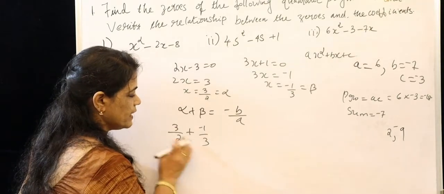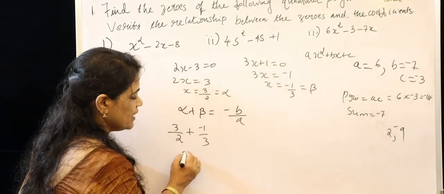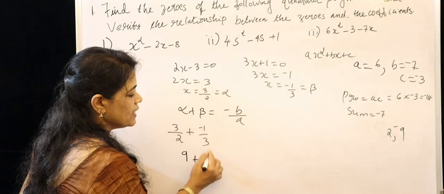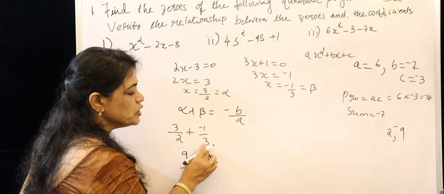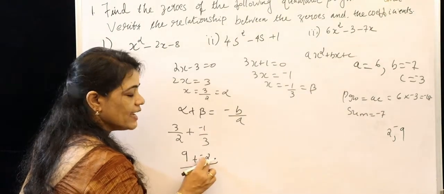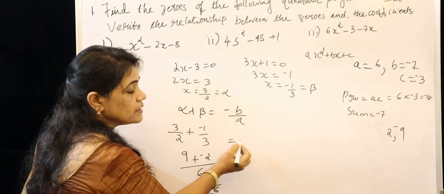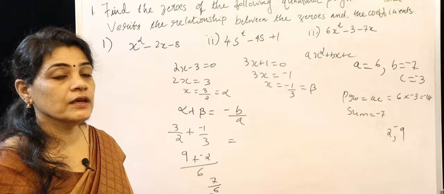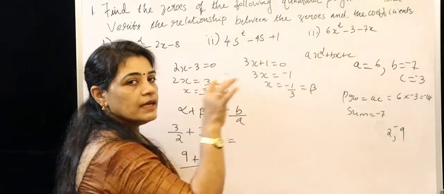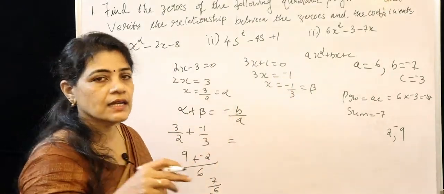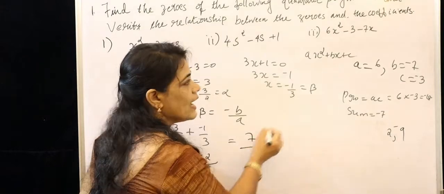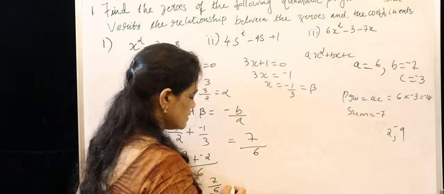By cross multiplication, 3 into 3 is 9, plus 2 into minus 1 is minus 2, divided by 2 into 3, which is 6. That is 9 plus minus 2 is 7 by 6. What happens in the RHS? Minus of b by a. What is b? b itself is minus 7. So it's minus of minus 7, that is positive 7, and a is 6, so 7 by 6.